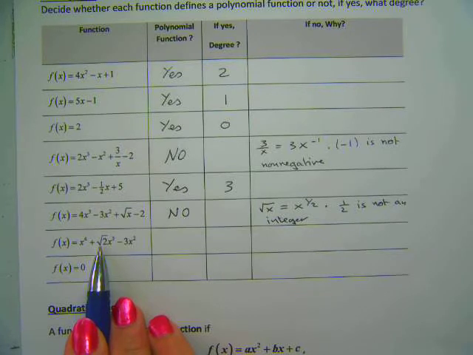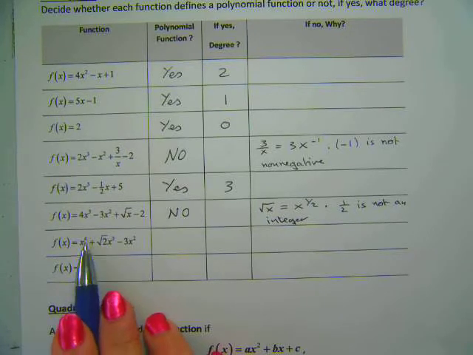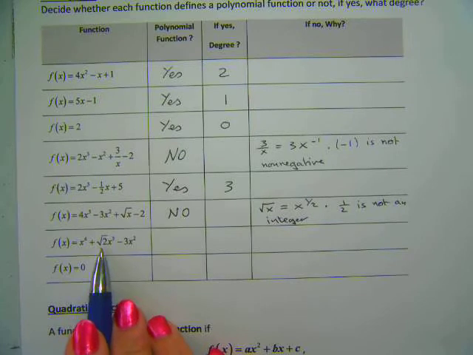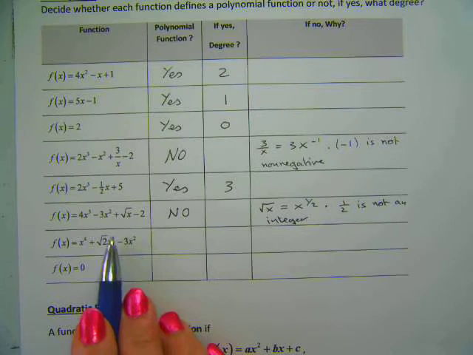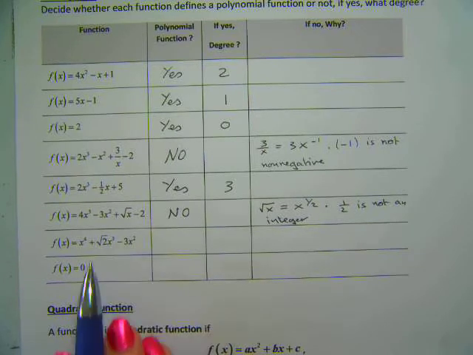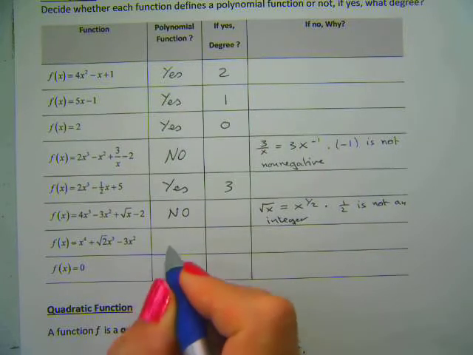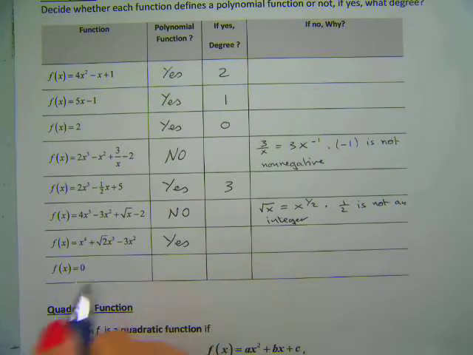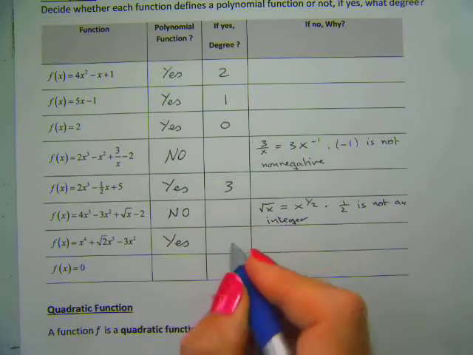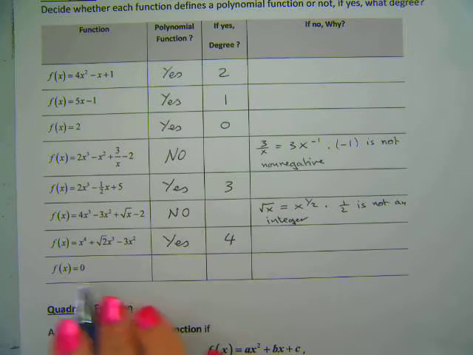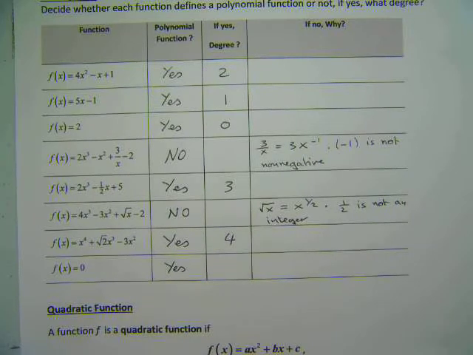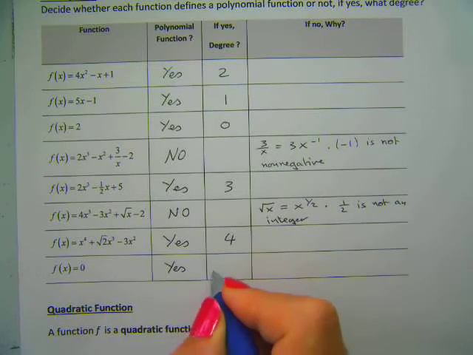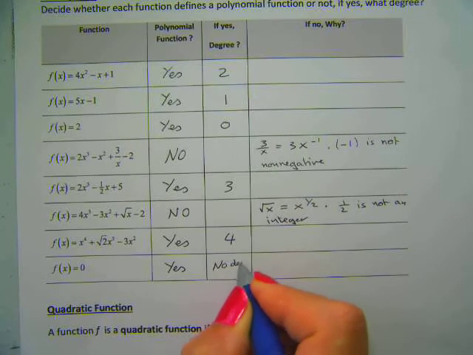Is that okay? Absolutely. X to the 4th plus square root of 2 x to the 3rd minus 3x squared. So that's a coefficient. Again, the coefficient could be any complex number. So is it a polynomial function? Yes. What's the highest degree? It's 4. This is interesting. The 0 function is actually, I have to tell you, a polynomial function of no degree. So that's a special one.